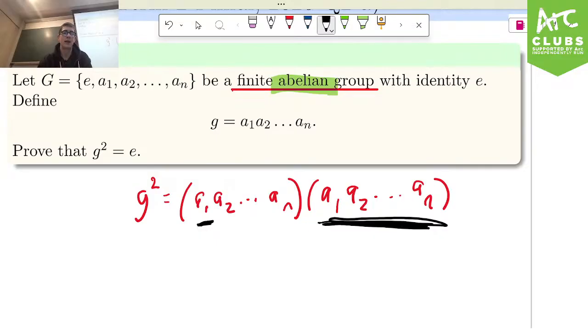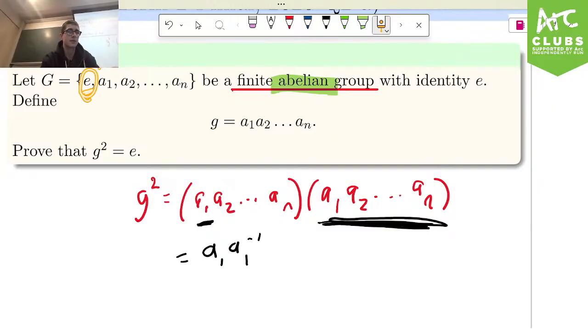So I'm going to make the claim that one of the elements on this side is going to be A inverse. So I'm going to write it and group up A1 with A inverse like this, because what I'm going to say is that A inverse has to be on this side because we have, I guess from the uniqueness of inverses, that the inverse of E has to be itself.